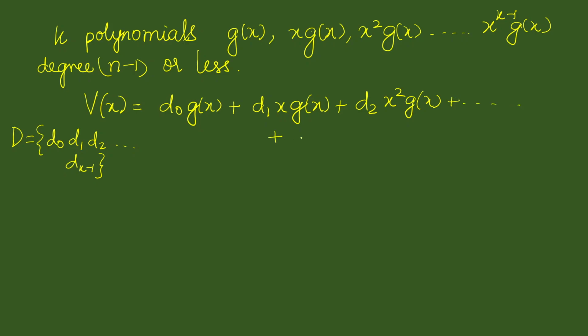The last one would be dk minus 1 into x raised to k minus 1 into g of x. So this is how we find the code word vector, or code word polynomial, using the data polynomial as well as the generator polynomial.